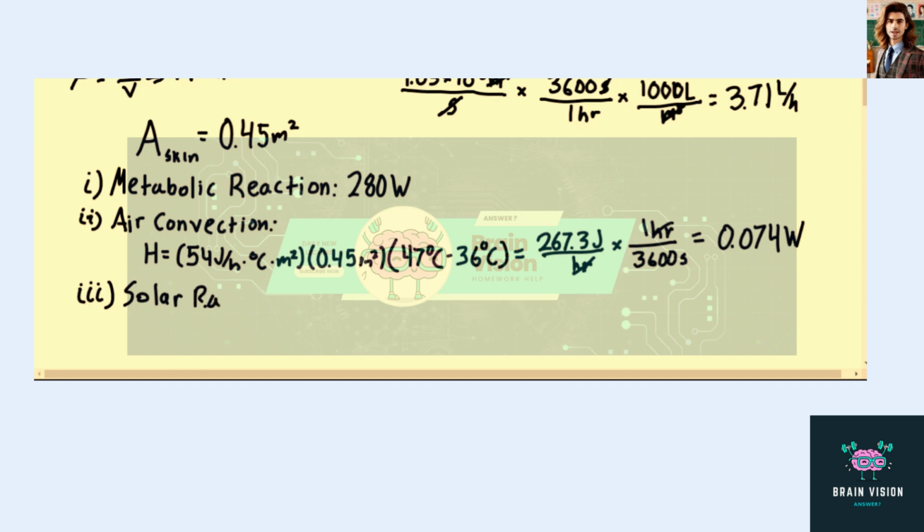Once again, the way we can figure that out is to multiply the value of the solar constant at 1400 watts per square meter by 0.45, the new value of the area of exposed skin.